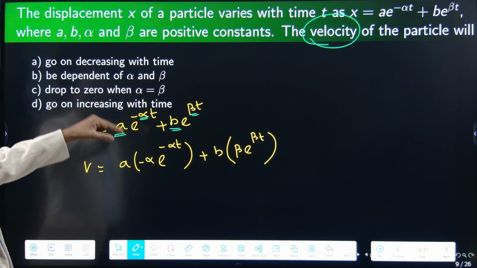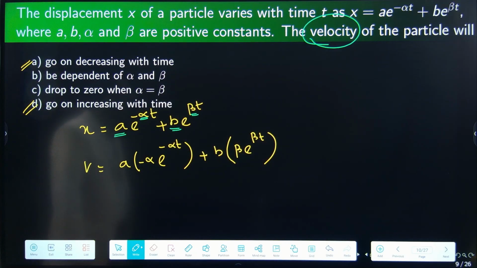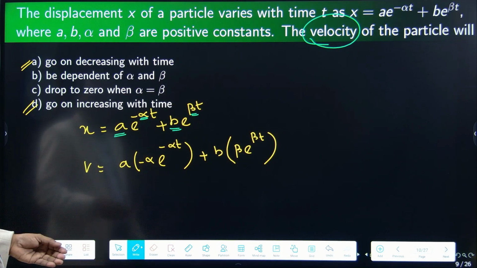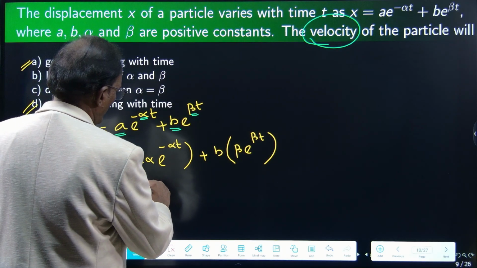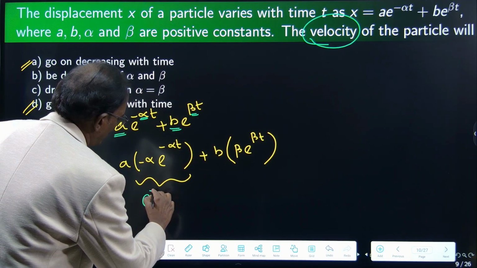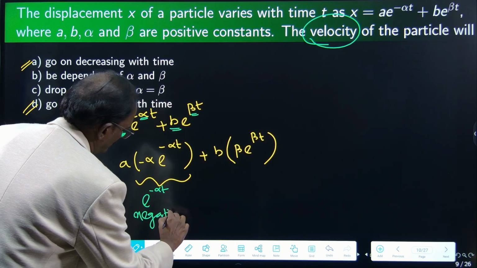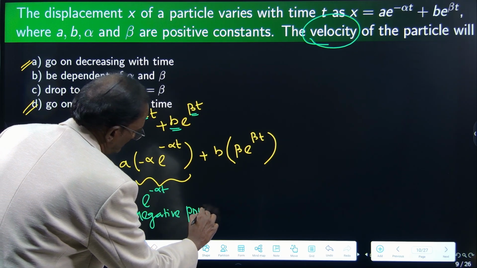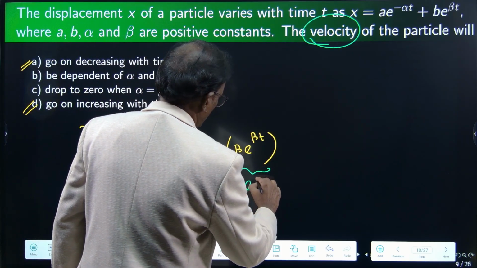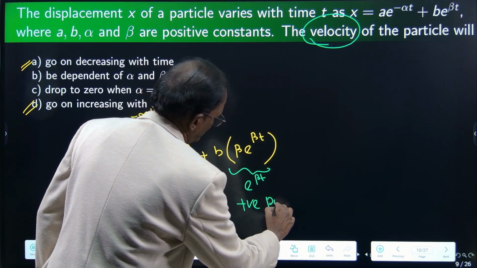Right. First let us analyze what will happen to velocity if time is increasing. This term has exponential negative power, and this term has exponential positive power.